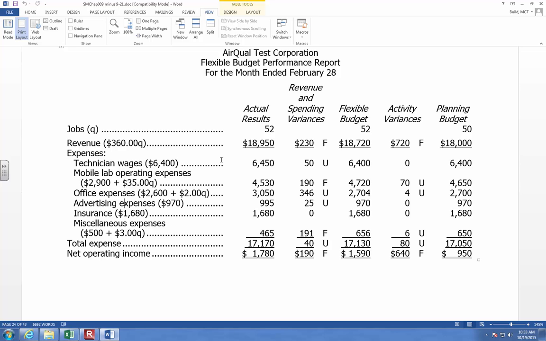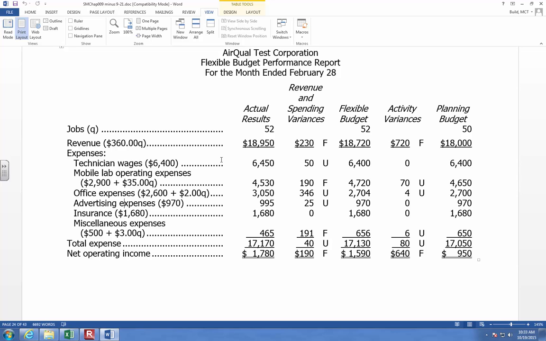They planned for $950 of income, and they actually made $1,780. Part of that was based on the fact that they did two more jobs, because they really didn't do a particularly good job of controlling expenses, did they? Where do you see that? Office expense was high. What else? Really, that's the only number that kind of sticks out.